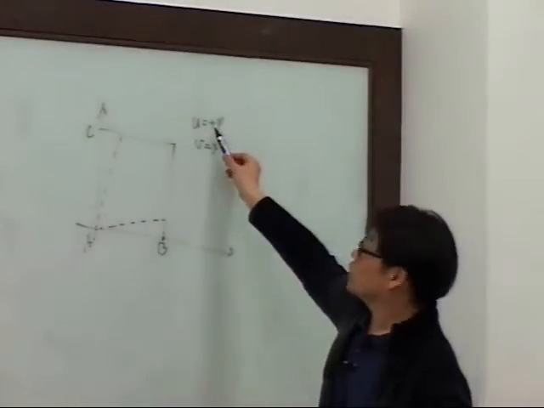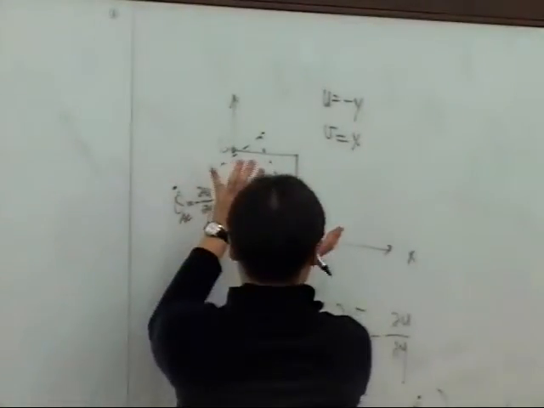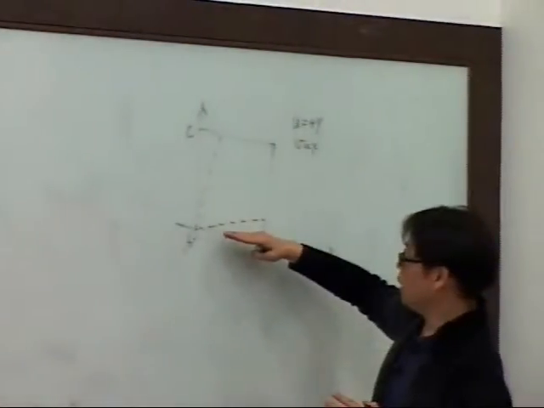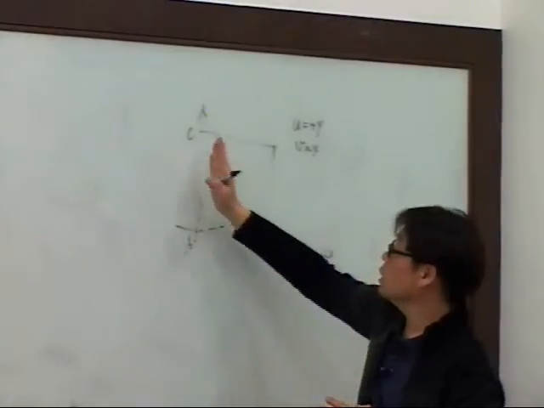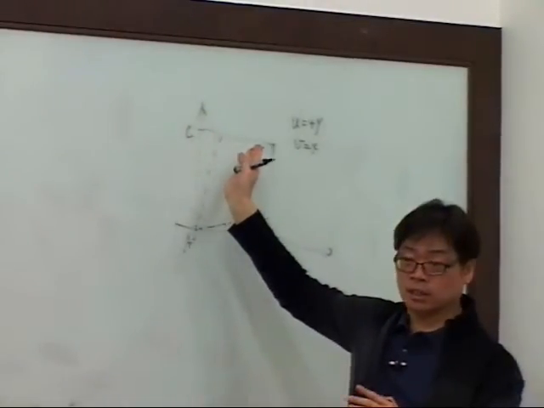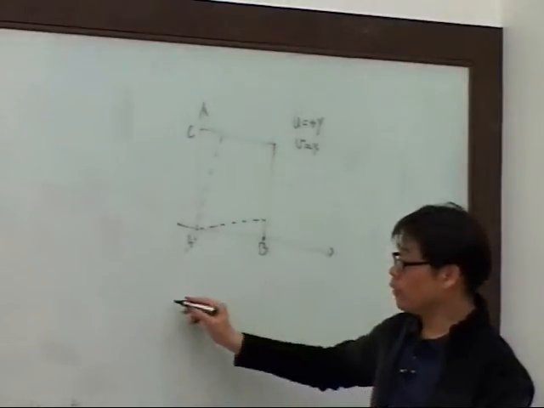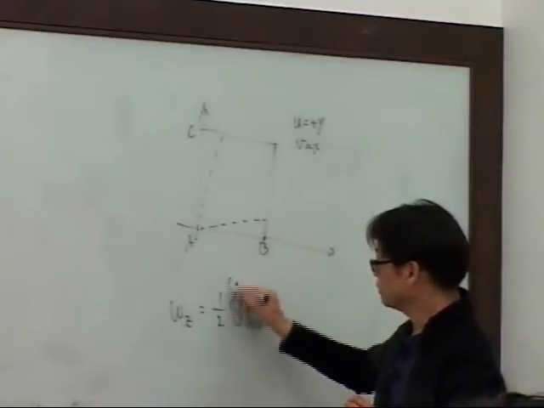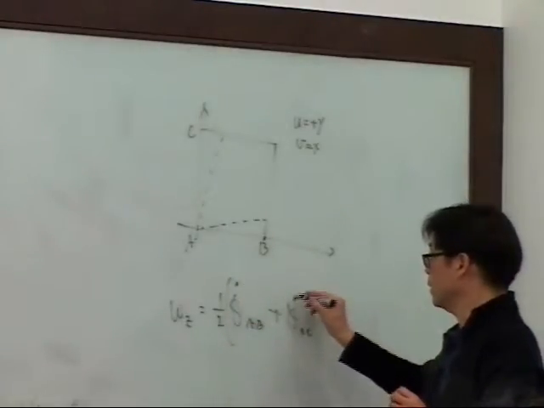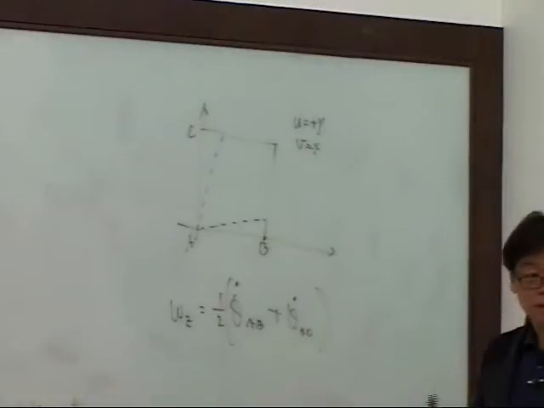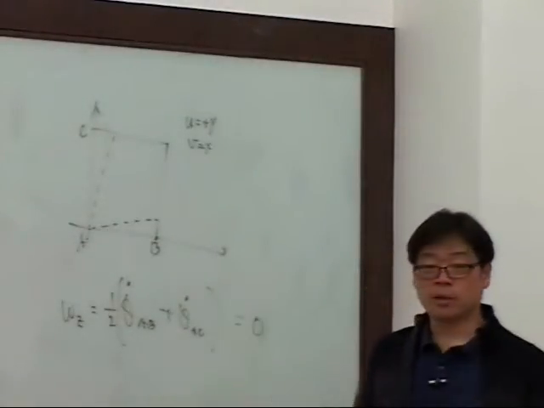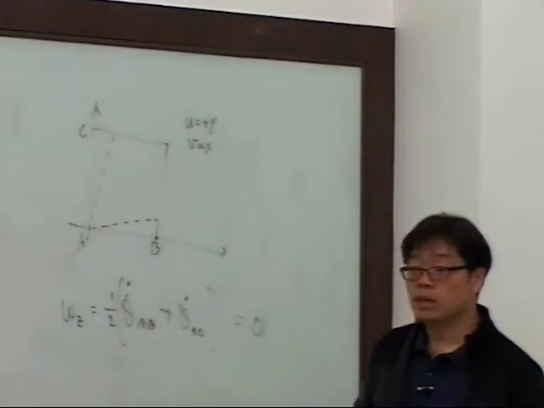So by just changing the sign, the whole thing is rotating this way, but this time the AB line is rotating in the counterclockwise direction and the other line is rotating in the clockwise direction. Therefore, by definition, these two are in opposite directions. One is the positive direction and the other is the negative direction, so the sum becomes 0, as we discussed.